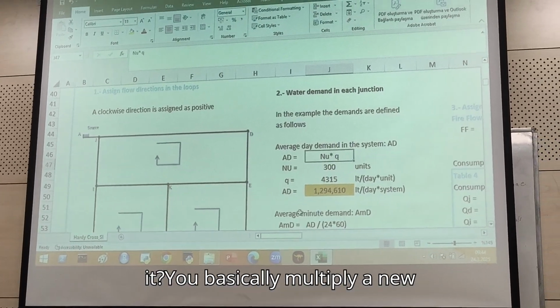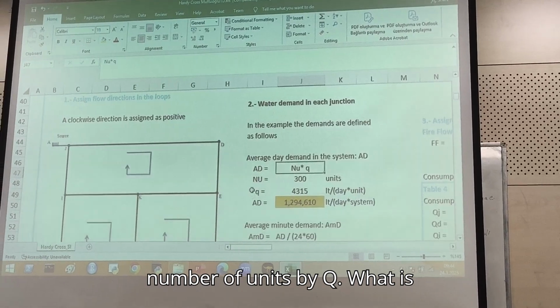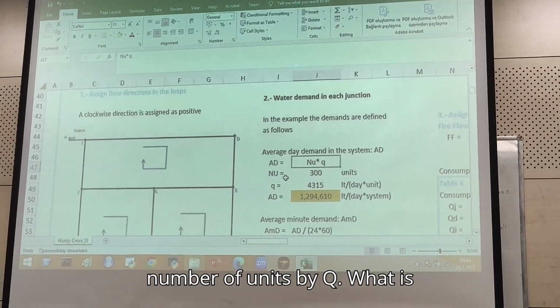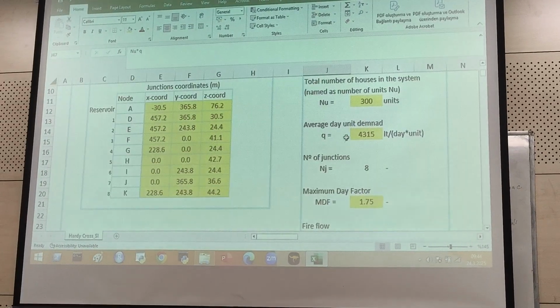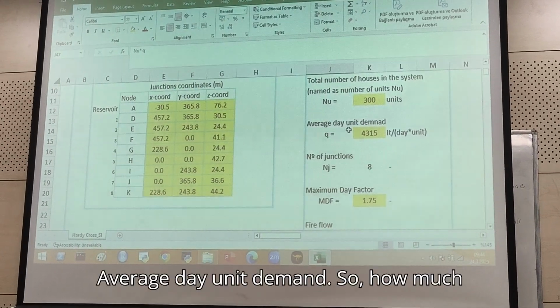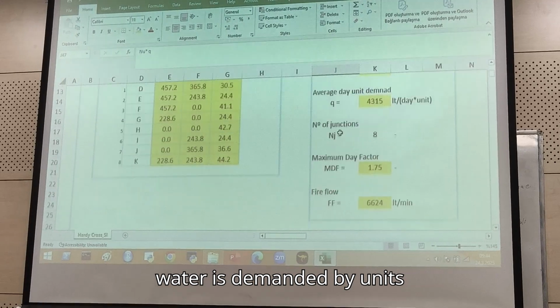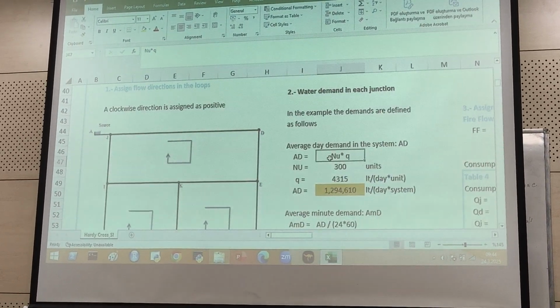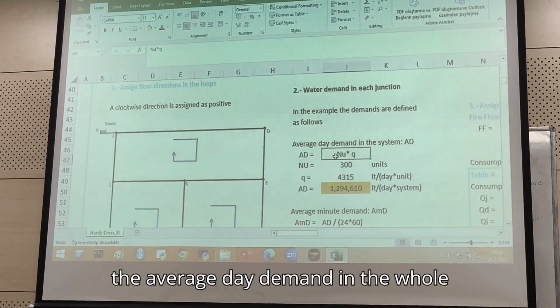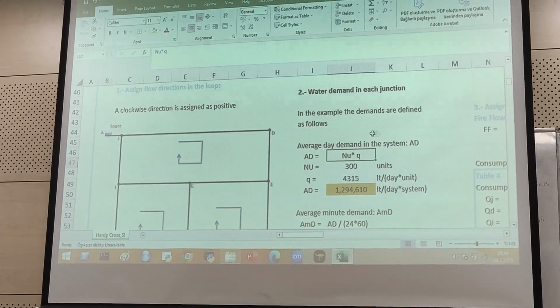You basically multiply NU, number of units, by Q. What is Q? It's over here. Average day unit demand. So how much water is demanded by units times number of units. So it means the average day demand in the whole system, whole town.